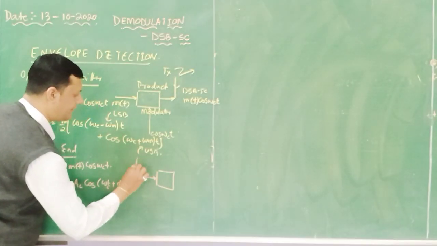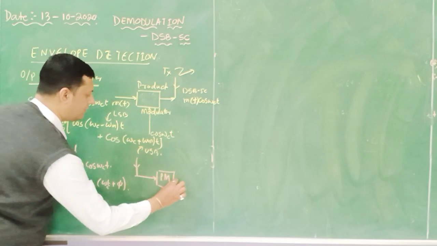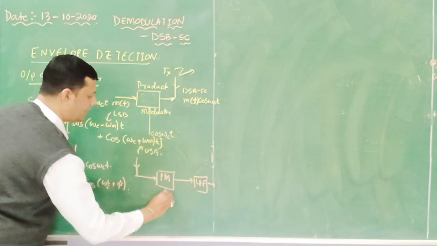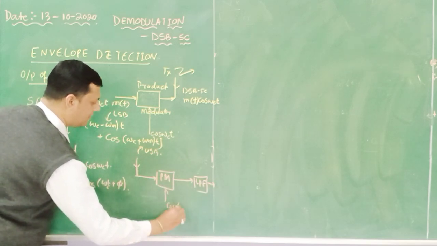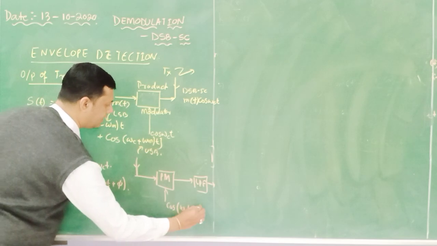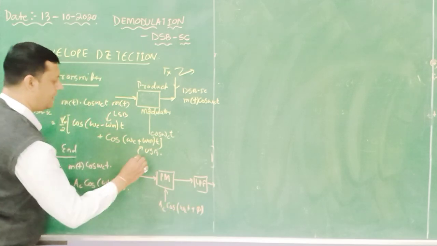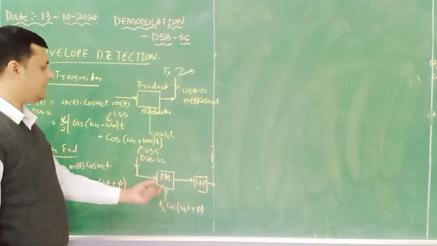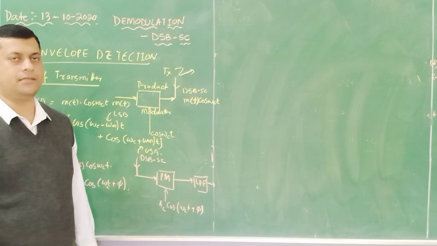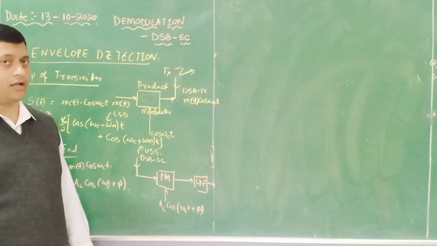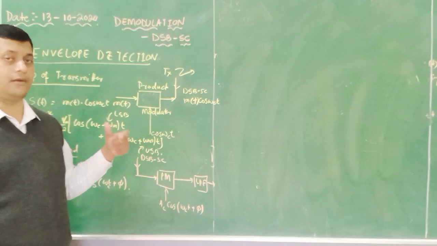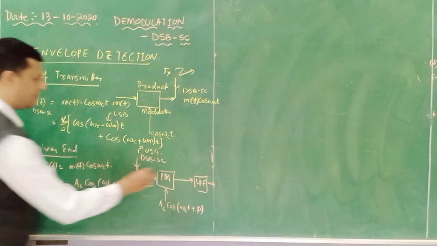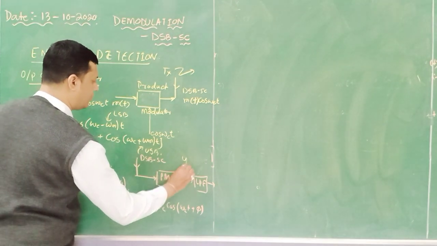This is the basic block diagram: here there is a carrier, cos omega ct plus phi with Ac, and this is the DSB-SC signal. In envelope detection we are adding the two components, which is the logic, whereas in synchronous detection we multiply the components. So here I will add these two components. Let us consider the output to be y of t.